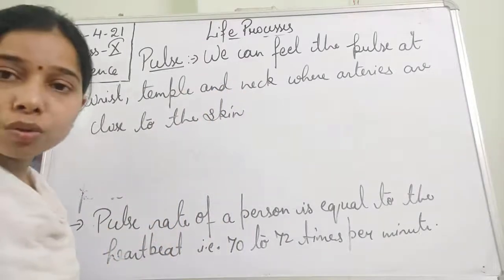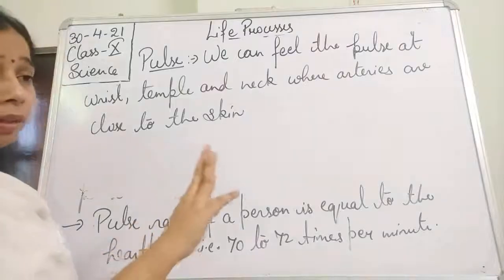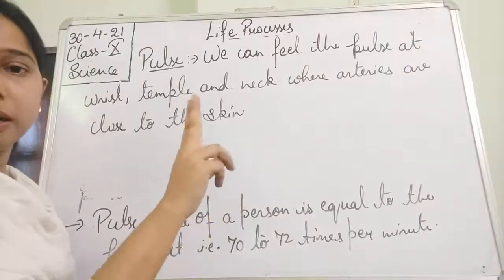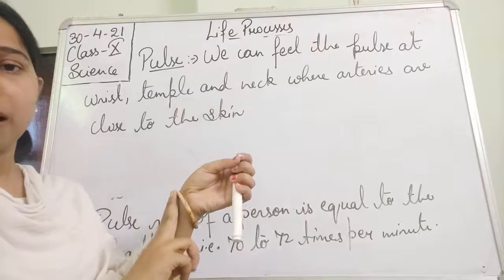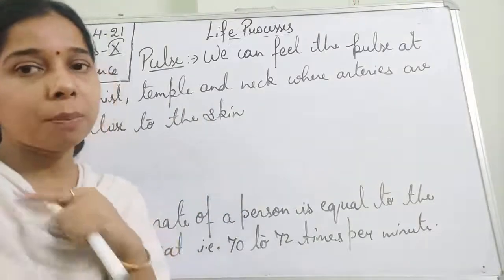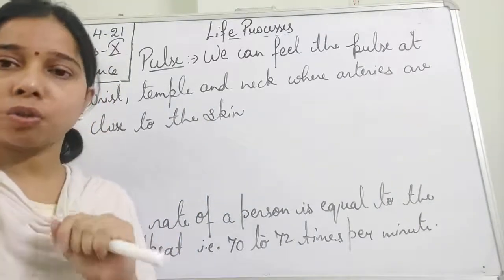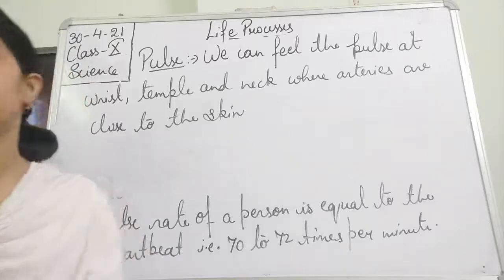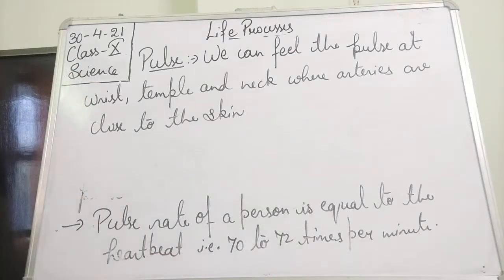Arteries are close to the skin. So by putting the middle finger and the index finger, these two fingers will help in finding the pulse of a person. You have seen that the doctors check the pulse with the help of this portion. Okay. So this is about the pulse, students.